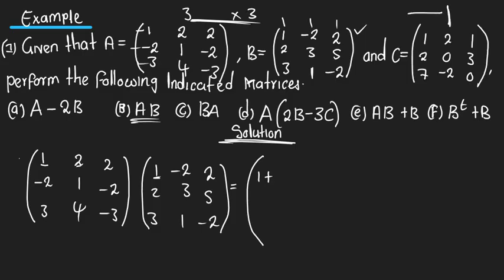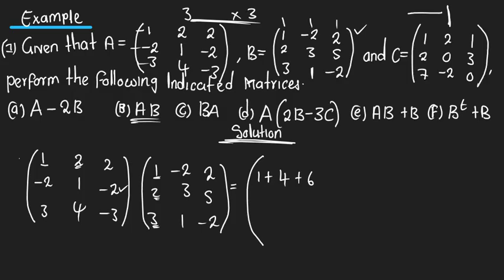So this same 2, I'm going to multiply by this 2 here. So 2 multiplied by 2 is going to be 4, plus 2 multiplied by 3 is going to be 6, right? Then you go to the second column, which is this one here.